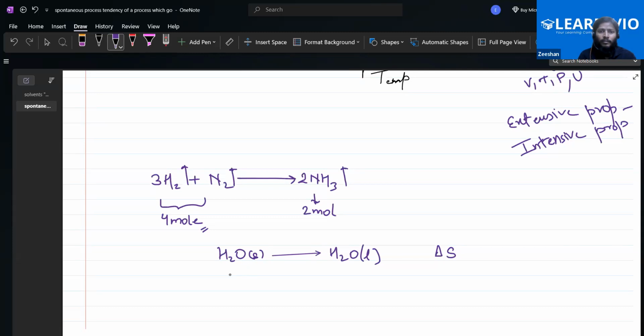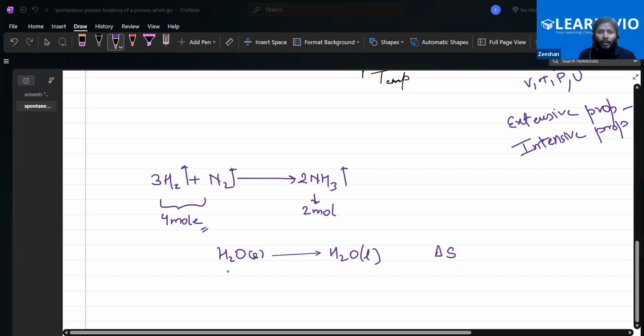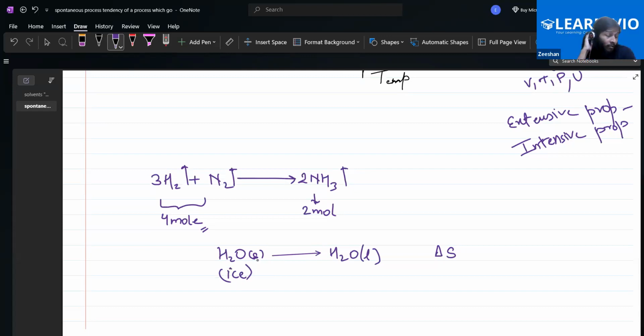What is it actually? Can anybody guess? Ice. Ice, simple. H2O in solid form is called ice, right? If anybody got any confusion, you can ask. There is no issue, so that we can proceed.